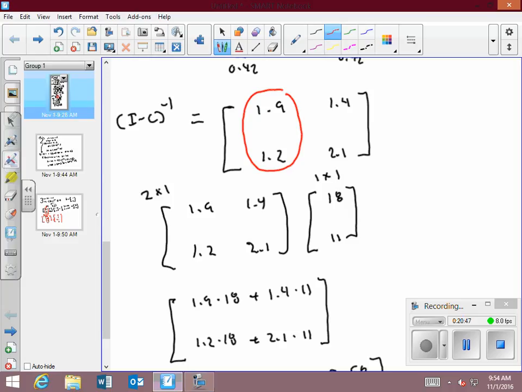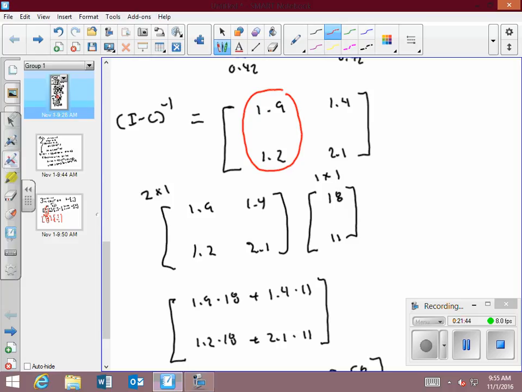So if the producing parts of your economy were agriculture, manufacturing and services, and manufacturing was the first item in the demand, then the column that represents manufacturing would tell you how much each of manufacturing, agriculture, and services would have to increase to produce 1 extra unit of that product.